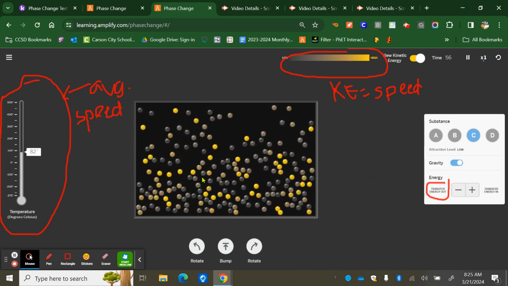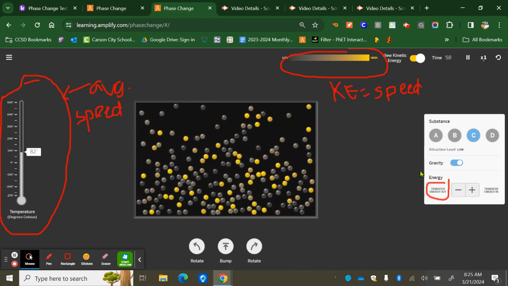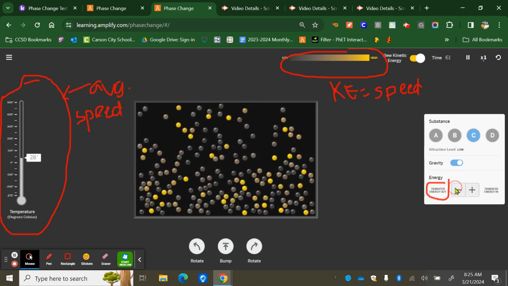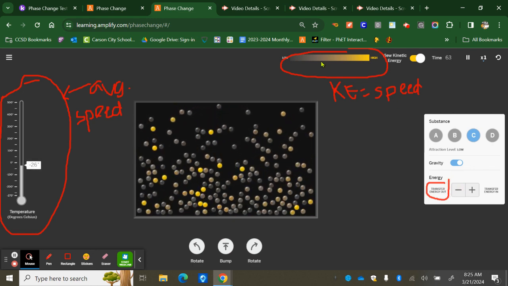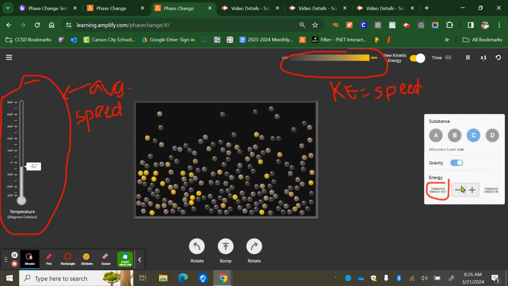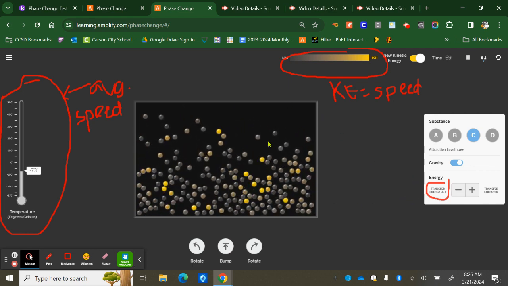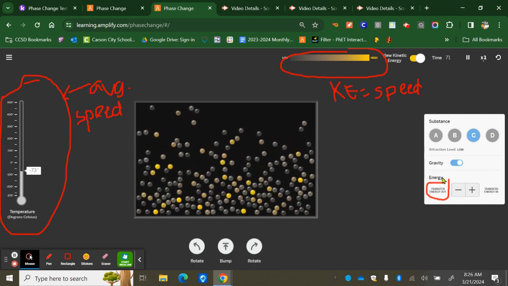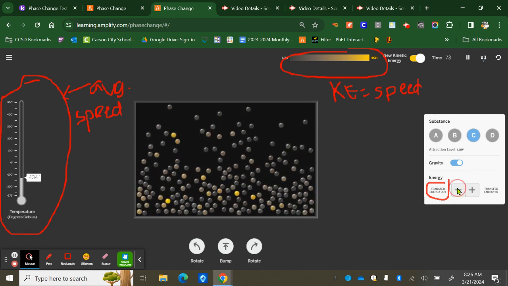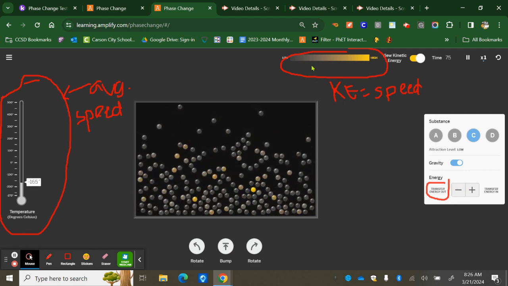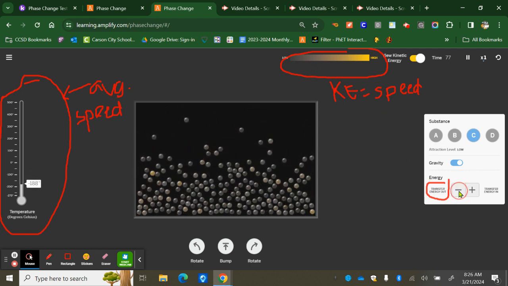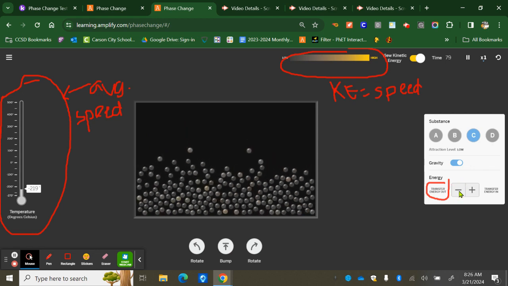I'm losing more and more of the yellow molecules and more of the kinetic energy. My molecules are coming closer together, not filling the container as much, and I've lost a lot of speed.